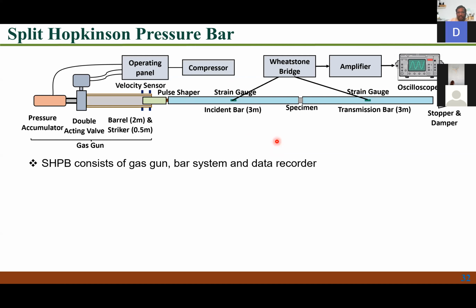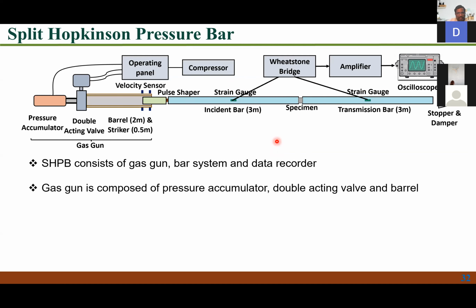Basically, the system consists of a gas gun, a bar system, and a data recorder for recording all the data. The gas gun is composed of a pressure accumulator, a double acting valve to release the pressure, and a barrel. Inside the barrel is the striker that is going to go and hit the incident bar at a high velocity.